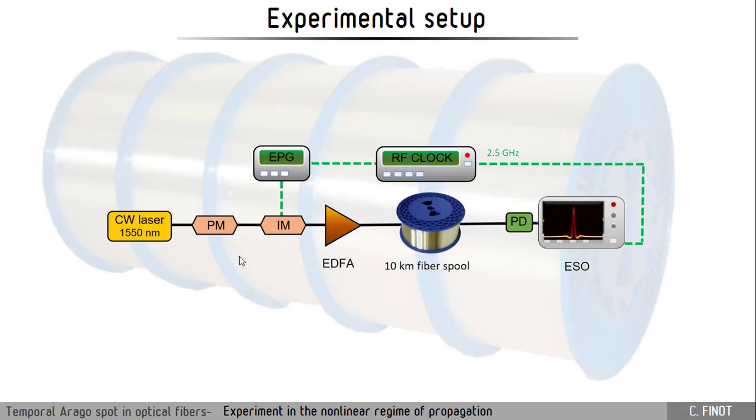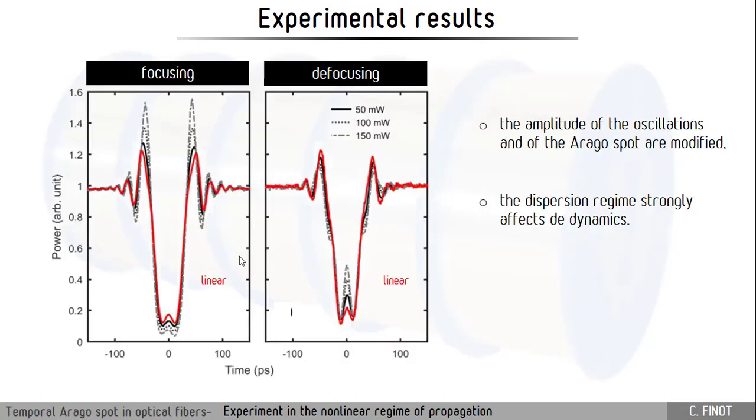We'll just be able to record directly the signal in the temporal domain using an electric sampling oscilloscope. And here are the results we obtain for 3 different levels of power.